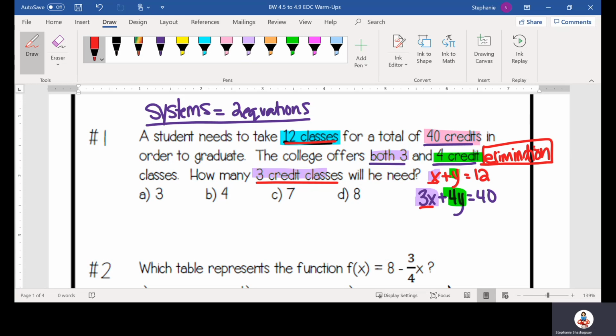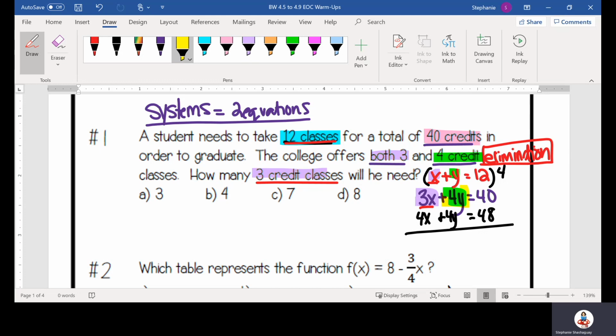And to do that, I'm going to multiply this first equation by 4. So when I multiply that by 4, I'm going to get 4x plus 4y is equal to 48.